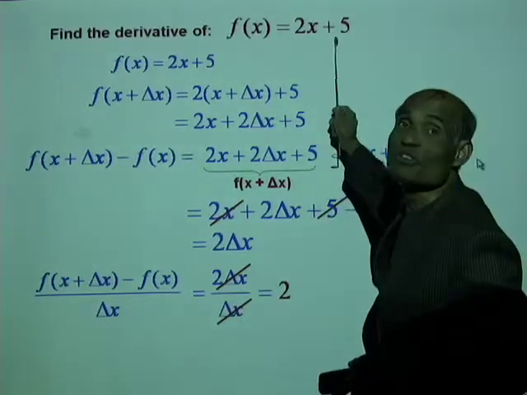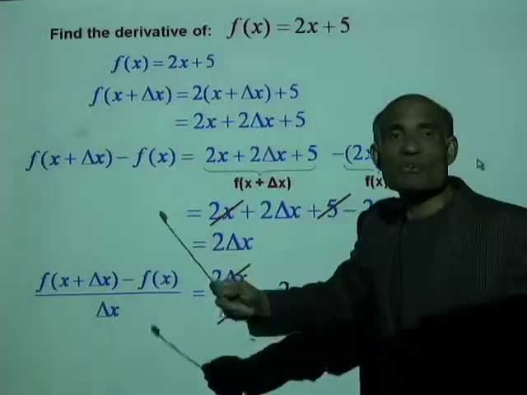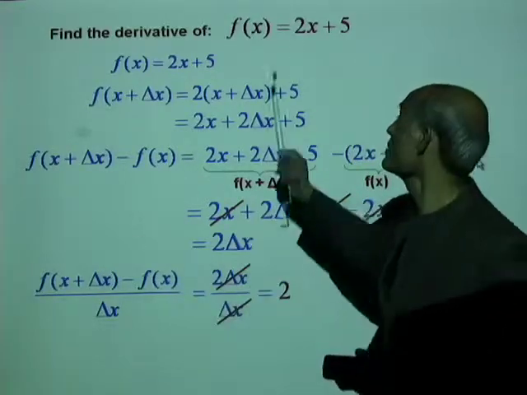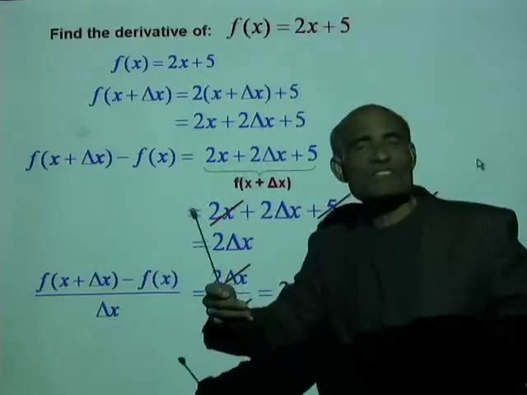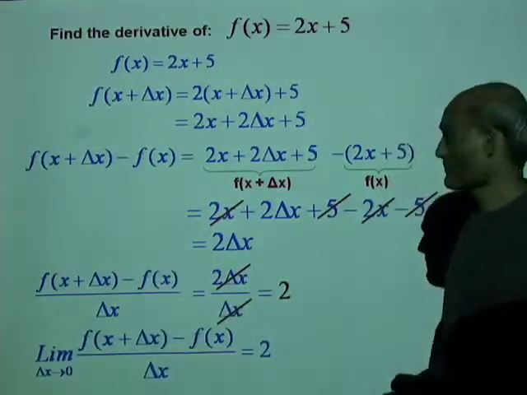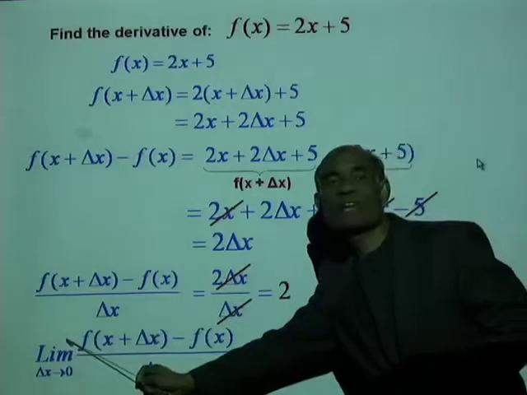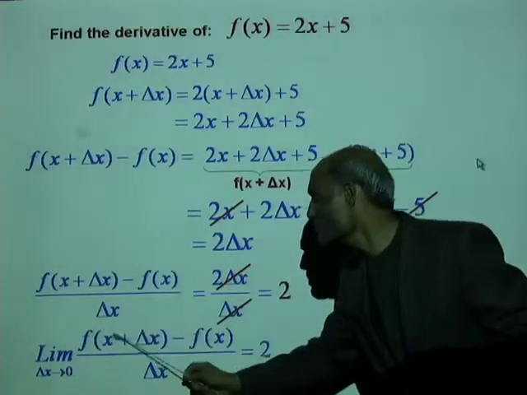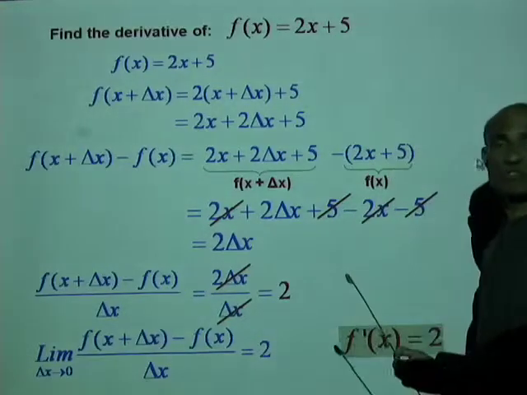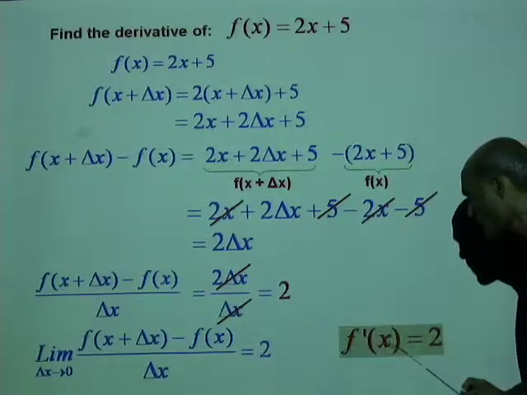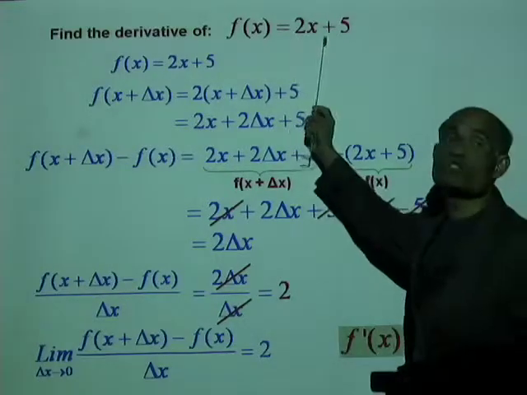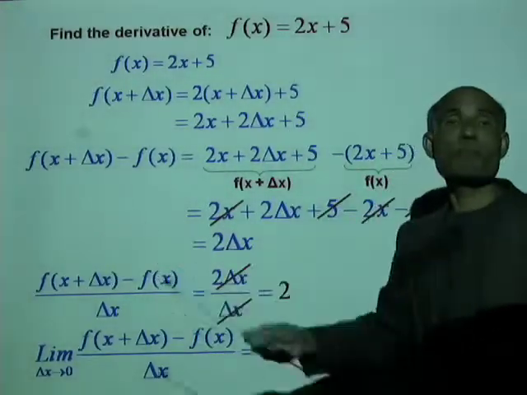That means this constant number really does not play a role in the derivative of a function because a constant does not change. Is that right? Alright. Therefore, we say the limit as delta x approaches 0 of delta y by delta x equals 2, or f prime of x equals 2. The derivative of this function equals 2.